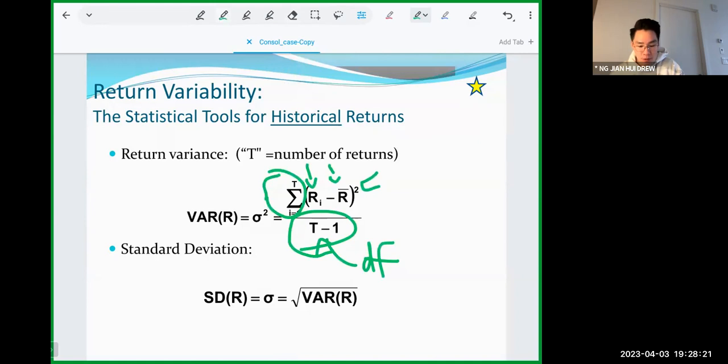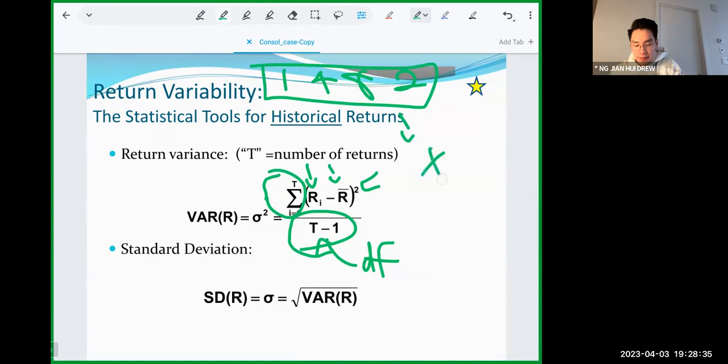So if we have 1, 4, 8, and 2, and we are given that the mean is 15 divided by 4. So we know that we are given 15 divided by 4 as the average, the simple average.